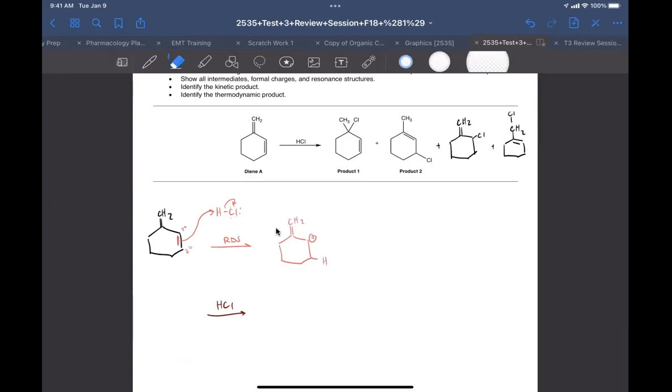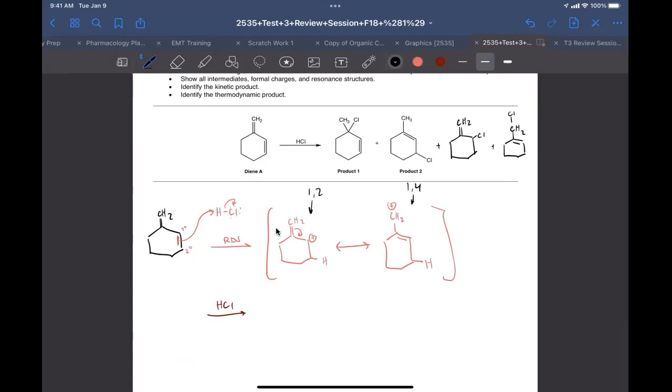And there's a resonance structure right here before our Cl adds, if this alkene just door-hinges over there, and we have CH2, and then just an sp2 one right there. Now, looking at this straight up, this is already our 1-2 addition, and this is our 1-4 addition. So we know that if we went with this alkene, this would be the kinetic, this would be the thermodynamic.